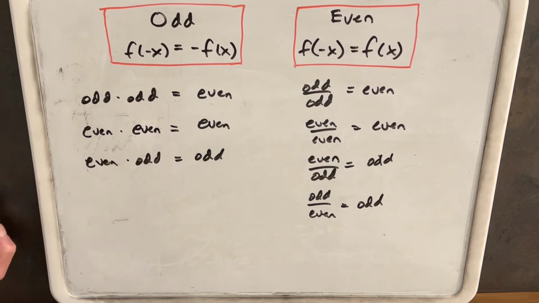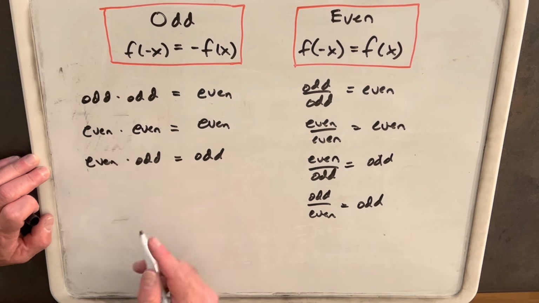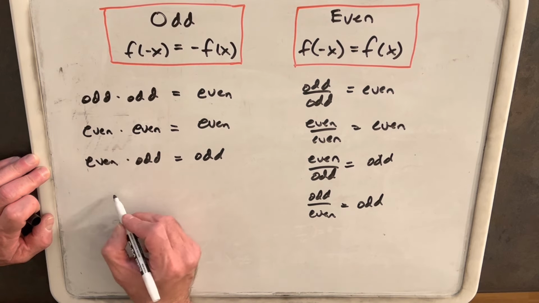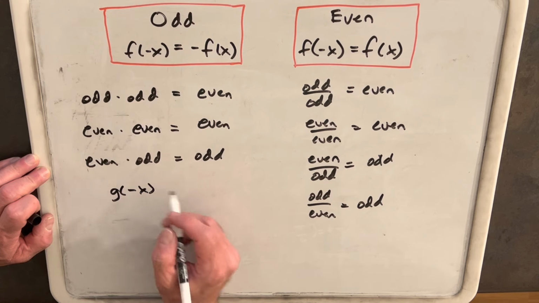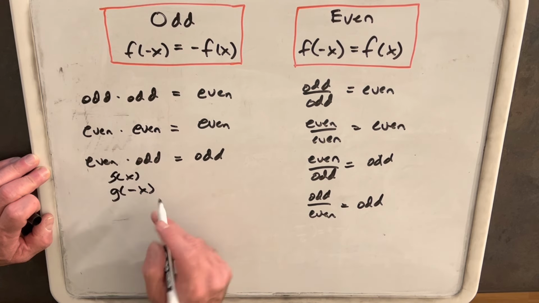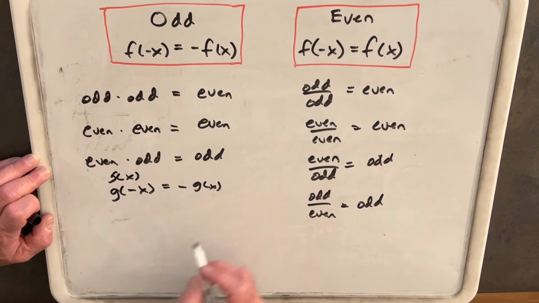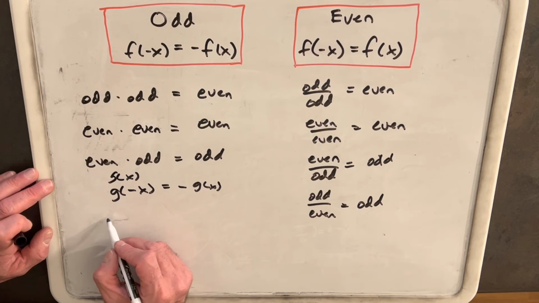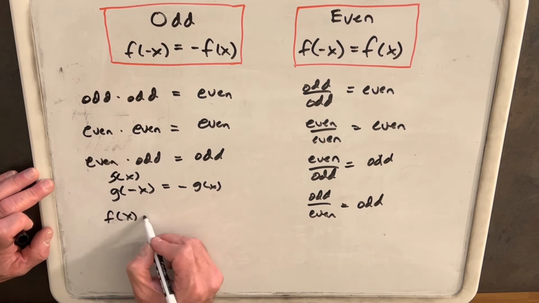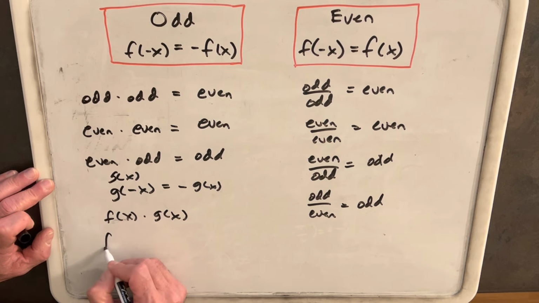Let's say we know our odd function is this, but let's use a different variable. If we have a second odd function, we'll call it g of x, then g of minus x is minus g of x. So then if we have the multiplication of odd function f of x times g of x, we can just go back to the definition and plug in our negative value.